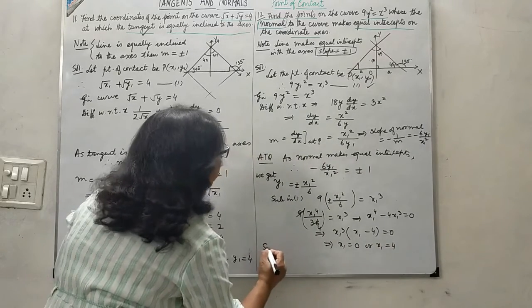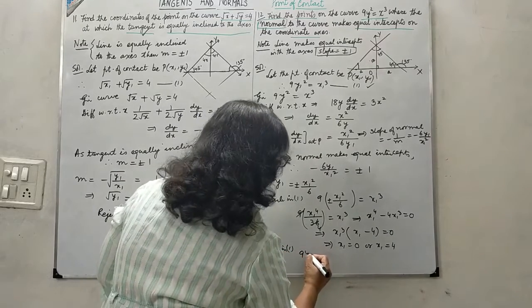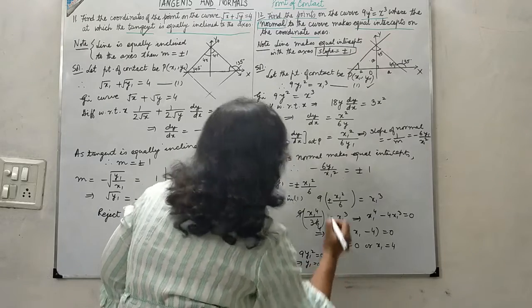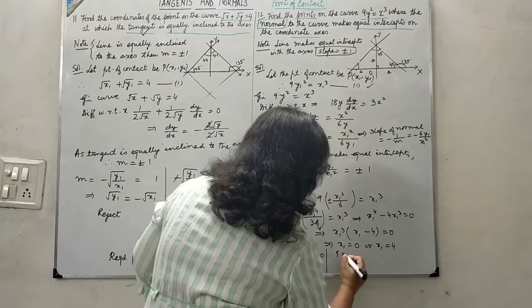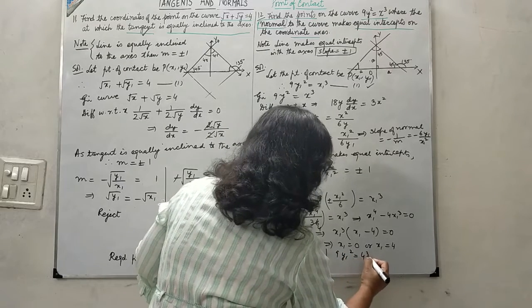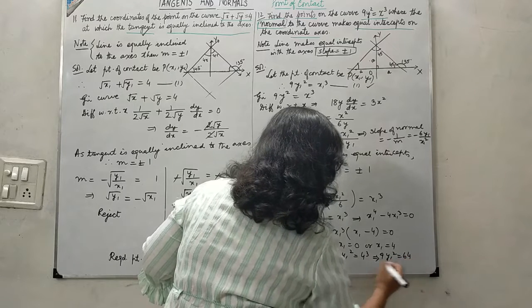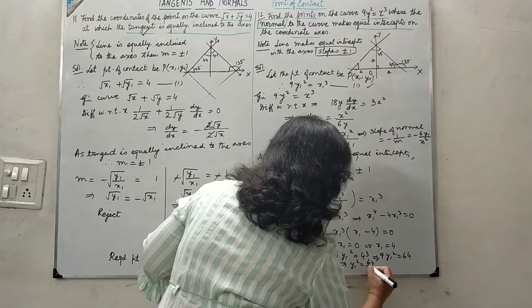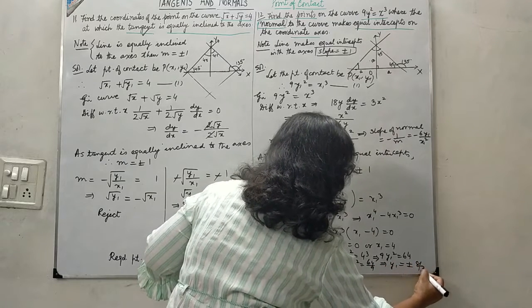Now substituting back in 1, when x1 is 0, we get 9 times y1 square is 0, so y1 is 0. Next case, when x1 is 4, I will substitute: 9 y1 square is 4 cube, that is 64. So from here y1 square is 64 by 9, and so y1 is plus minus 8 by 3.